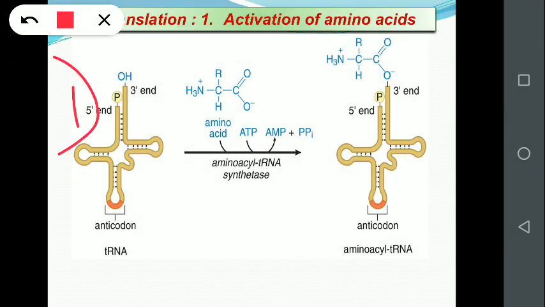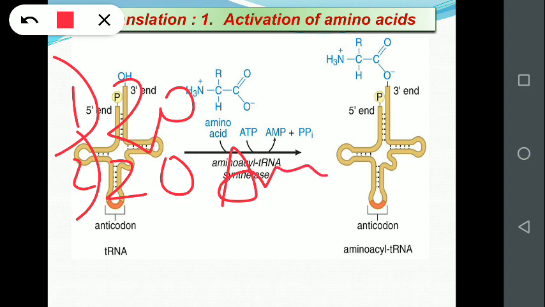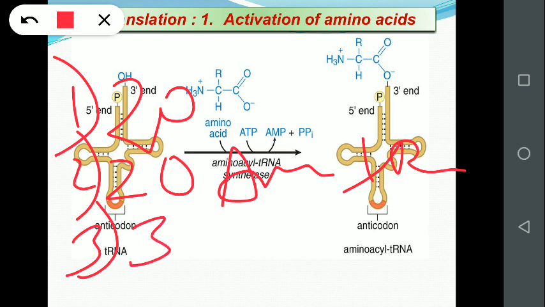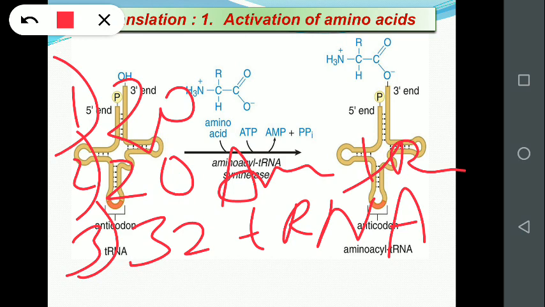First one is 20 amino acids, second is 20 aminoacyl tRNA synthetase enzymes, and third is all the tRNA molecules, minimum 32 tRNA molecules according to the wobble hypothesis, but there can be more than 32 tRNA molecules in different organisms.